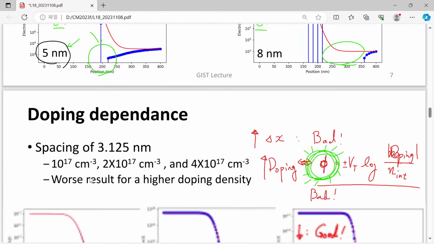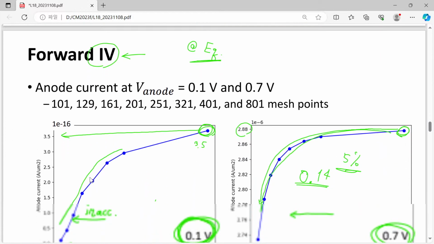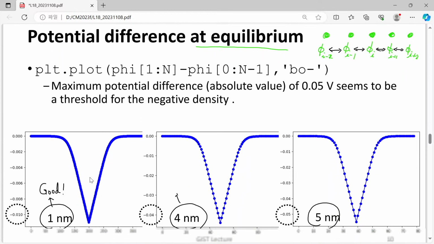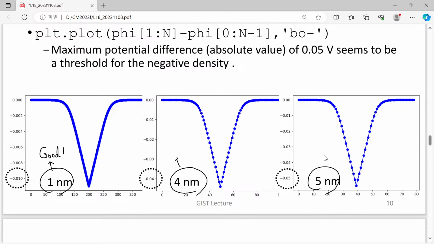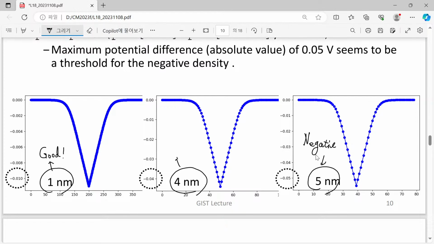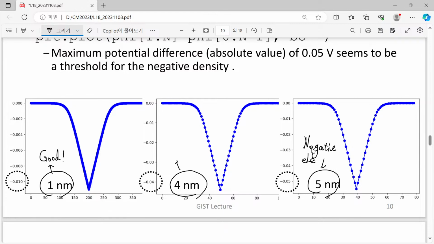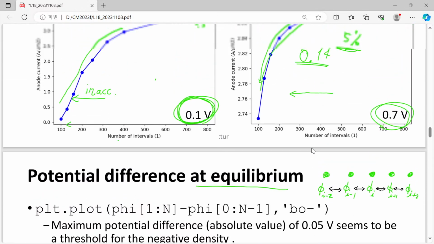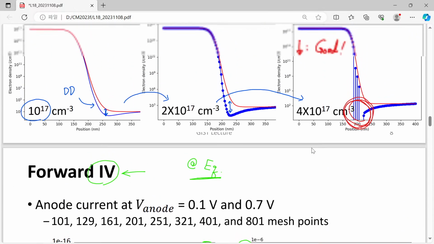So where do we have the 5 nanometer case? Yes, here we already have negative electron density. Then how about 4 nanometer? That corresponds to 100 points.